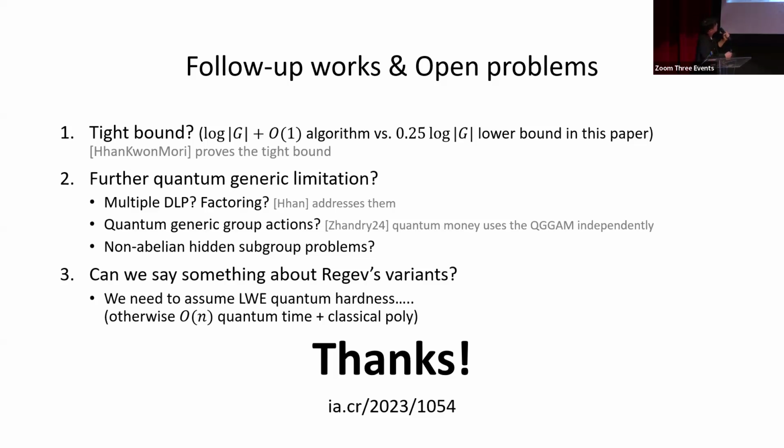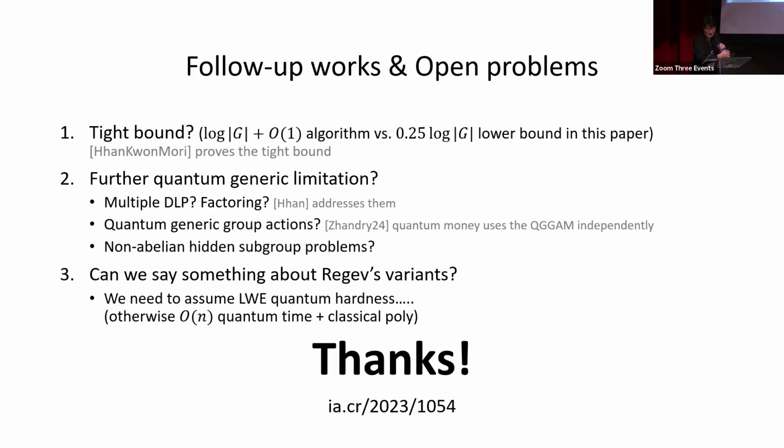Quantum generic group action is also a quite interesting question. For example, can we give any generic lower bound for the group action discrete log? Or what about the non-abelian hidden subgroup problem? The discussion about this is a little complicated, and more can be found in my paper. Another question is probably Regev's variant.